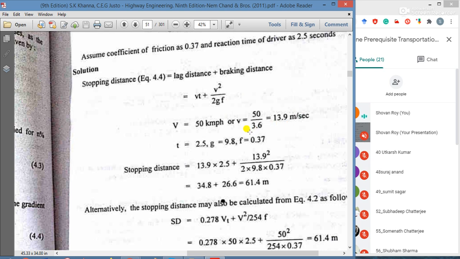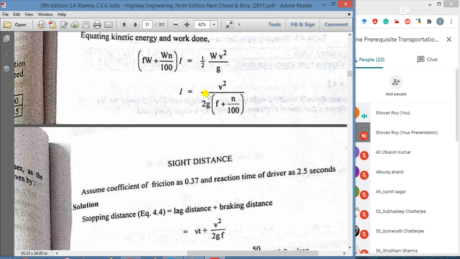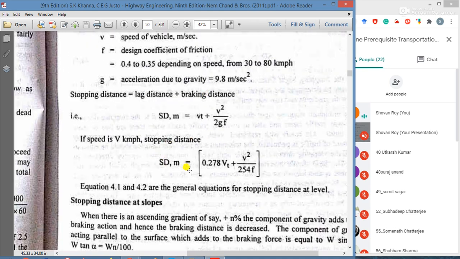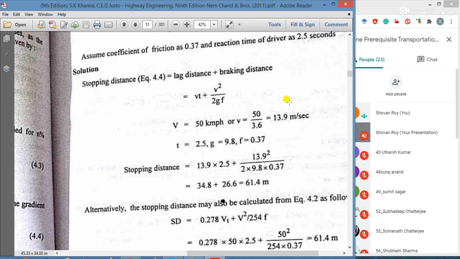If you want to use km per hour directly, then we use the formula 0.278Vt plus V square by 254f. But to use Vt plus V square by 2gf, we convert the design speed to meter per second. So 50 km per hour is 50 by 3.6, which is 13.9 meter per second.